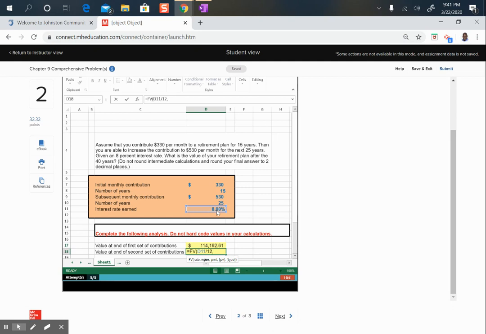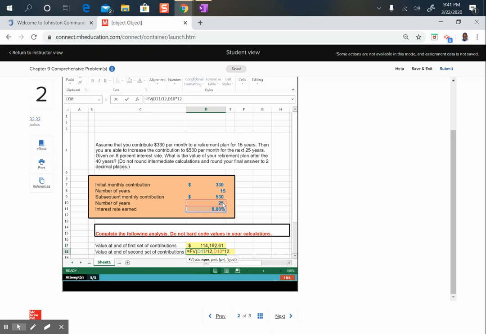And then your number of periods, remember we talk about from 15 years to 40 years, so for the next 25 years. So you reference the 25 times 12. That gives you the total number of periods.